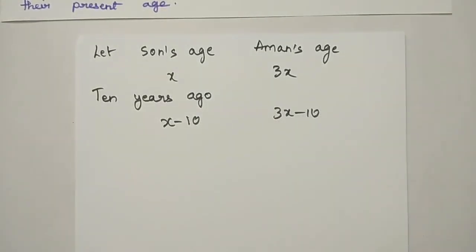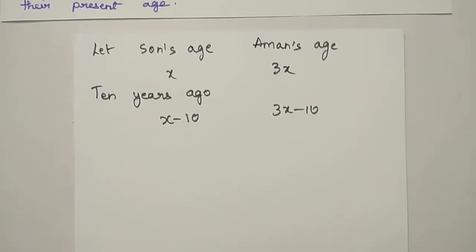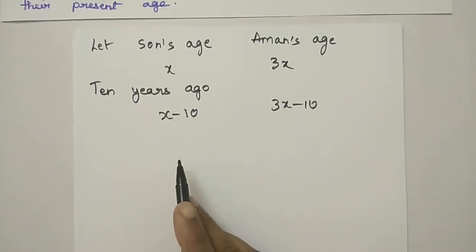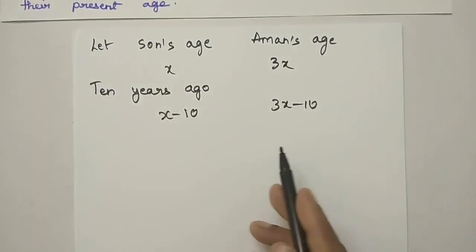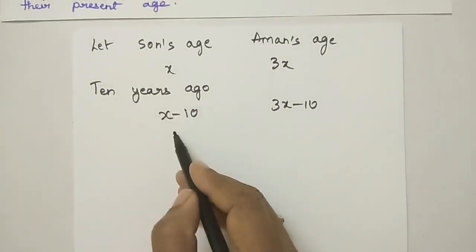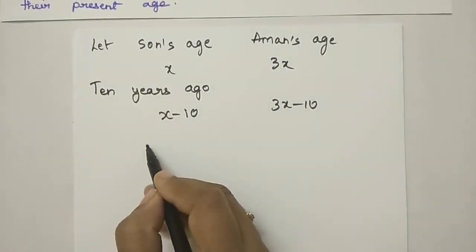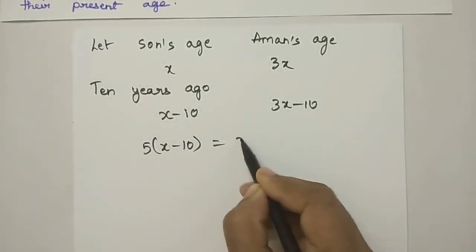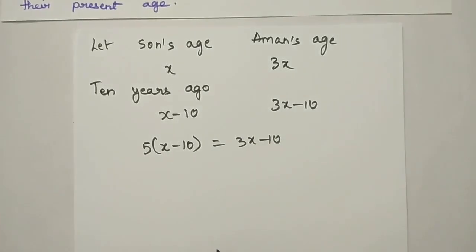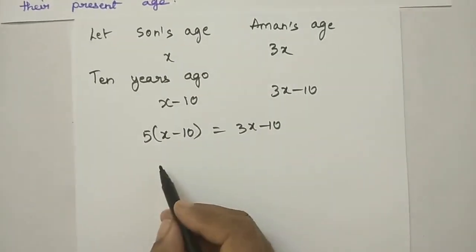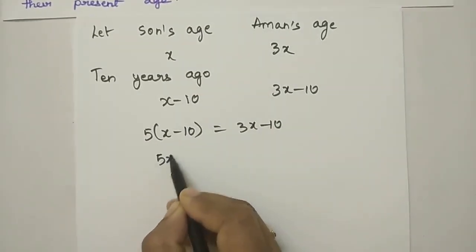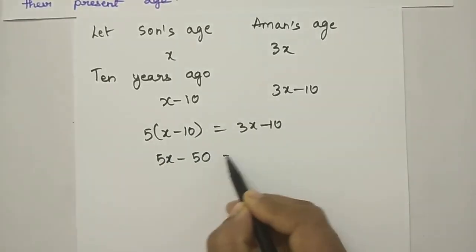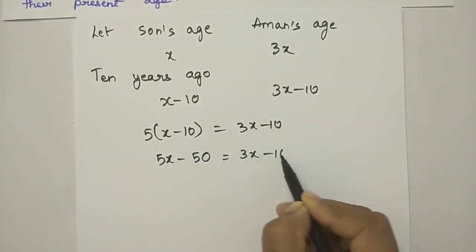3x minus 10. The condition to form the equation is that Aman's age is 5 times his son's age. So if the son's age is x minus 10, this is 5 of x minus 10 equal to 3x minus 10. Now multiply. This becomes 5x minus 50 equal to 3x minus 10.